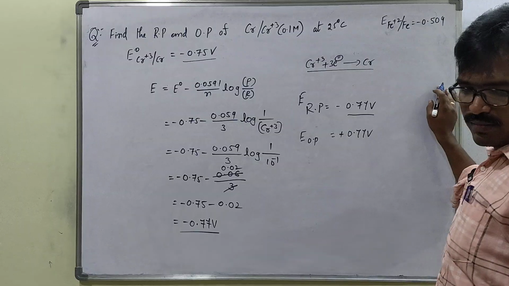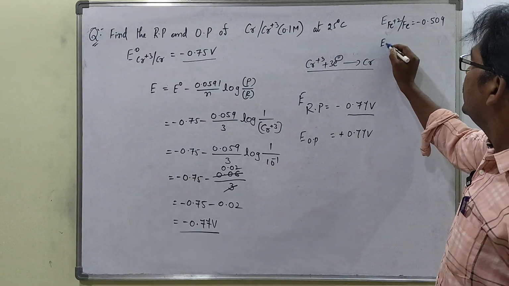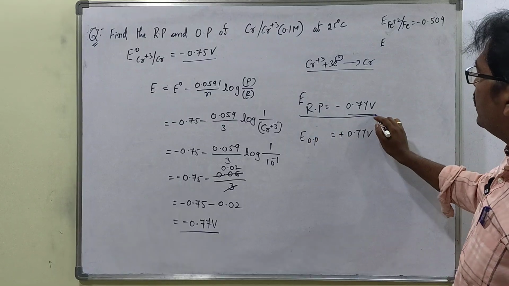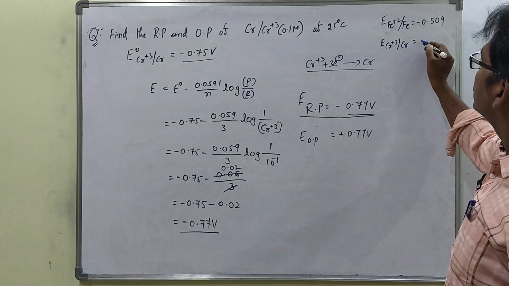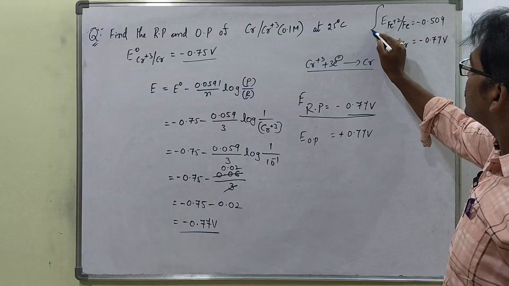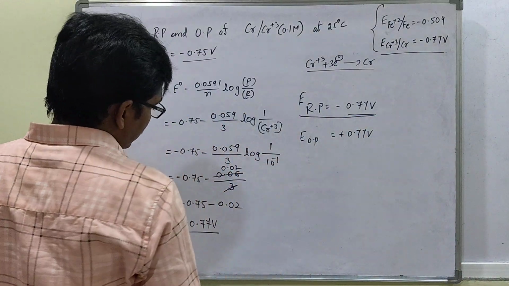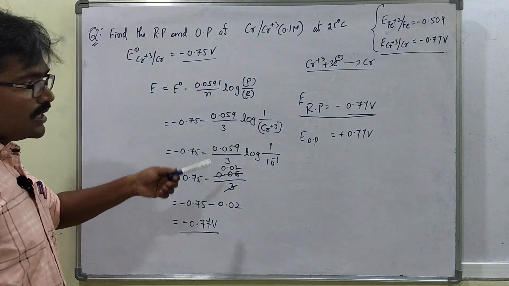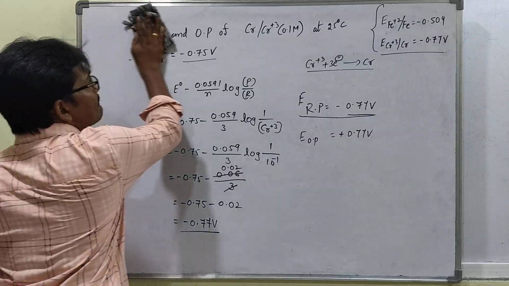The reduction potential value for Cr plus 3 to Cr we got is minus 0.77 volts. Just remember these values, we'll do one question based on them. Can you note it? Yes, note this. Then we'll discuss the next question.